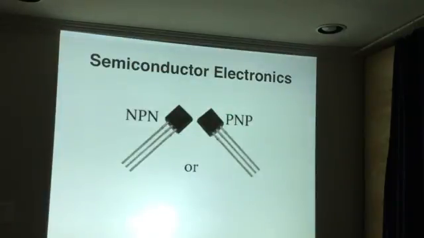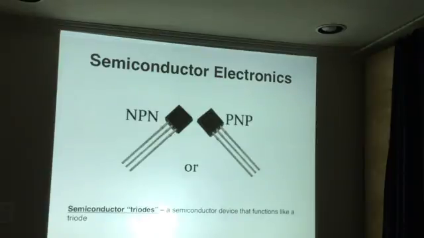Now you actually can have two types. These are NPN or PNP, or "triode" semiconductors. You notice I have triode in quotation marks because there aren't actually 3 electrodes there, but it's a device that functions like a triode.